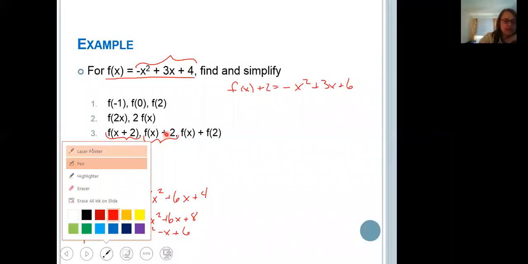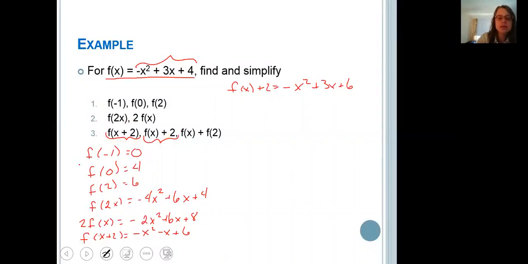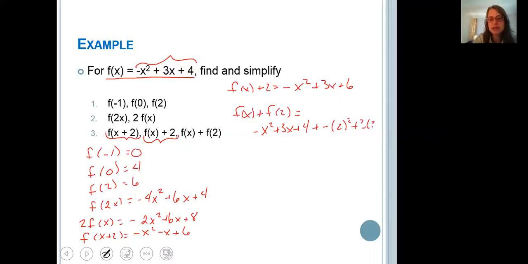Let's work through this last one together. Let's work through f of x plus f of 2. So now f of x is negative x squared plus 3x plus 4. f of 2 is the negative of 2 squared plus 3 times 2 plus 4.